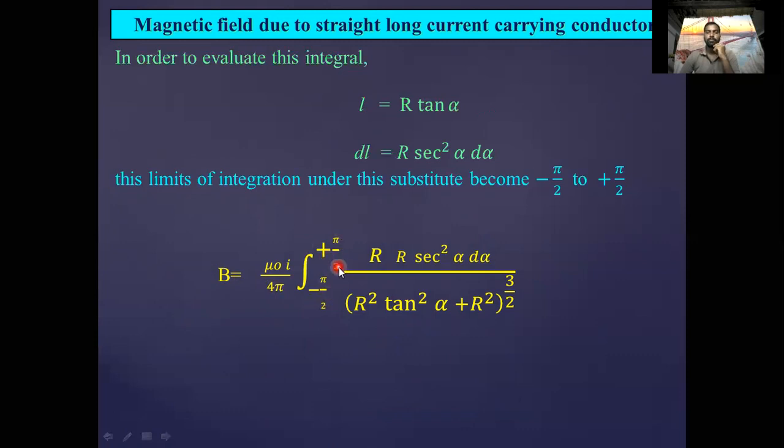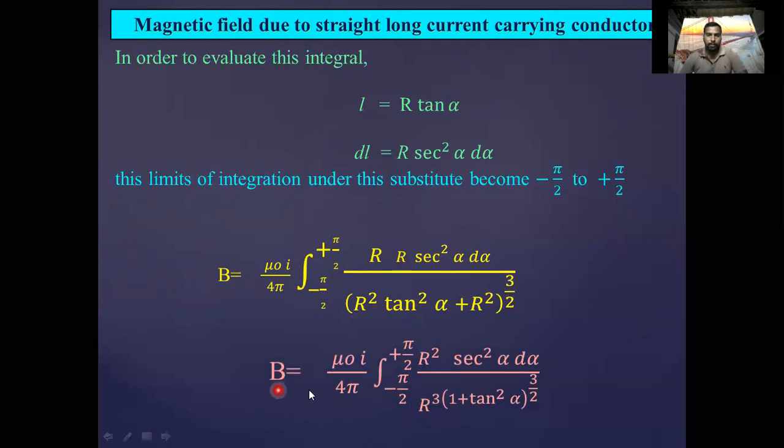Substituting the sin theta value and R value, we get R into R secant square alpha d alpha divided by (R square tan square alpha plus R square) whole to the power of 3 by 2. Here R square is common.